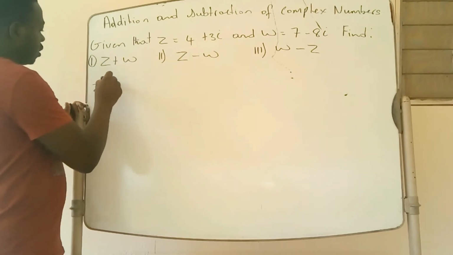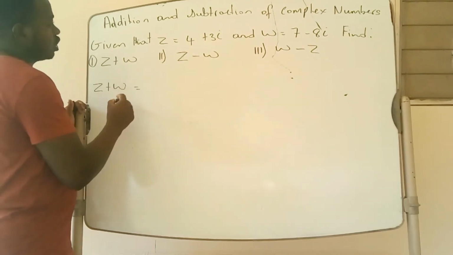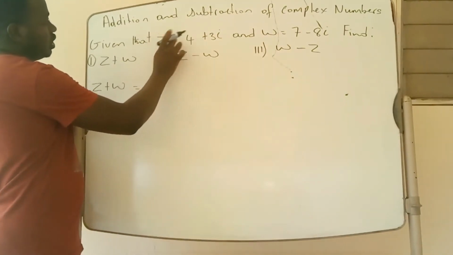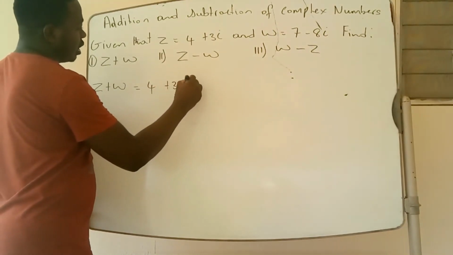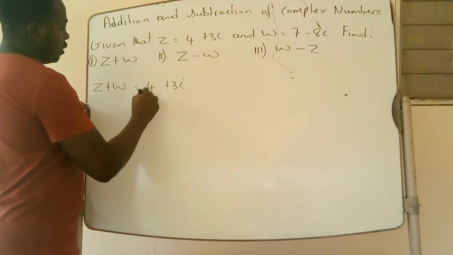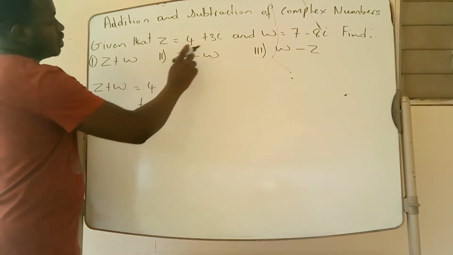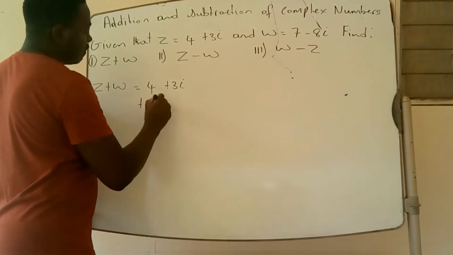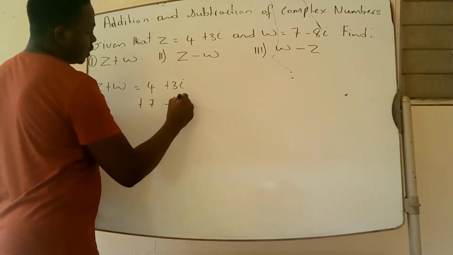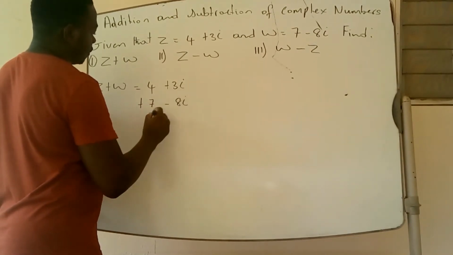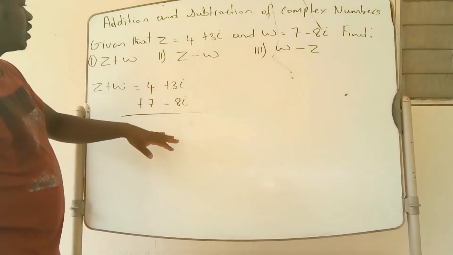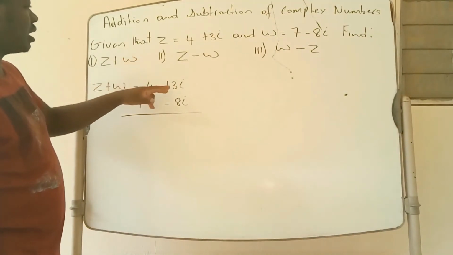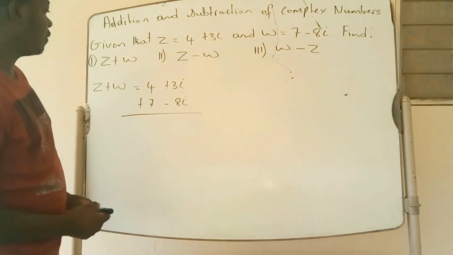So z plus w is going to equal z, which is defined as 4 plus 3i, and w, which is defined as 7 minus 8i. What we're going to do is add the real parts together and add the imaginary parts together. Alright?